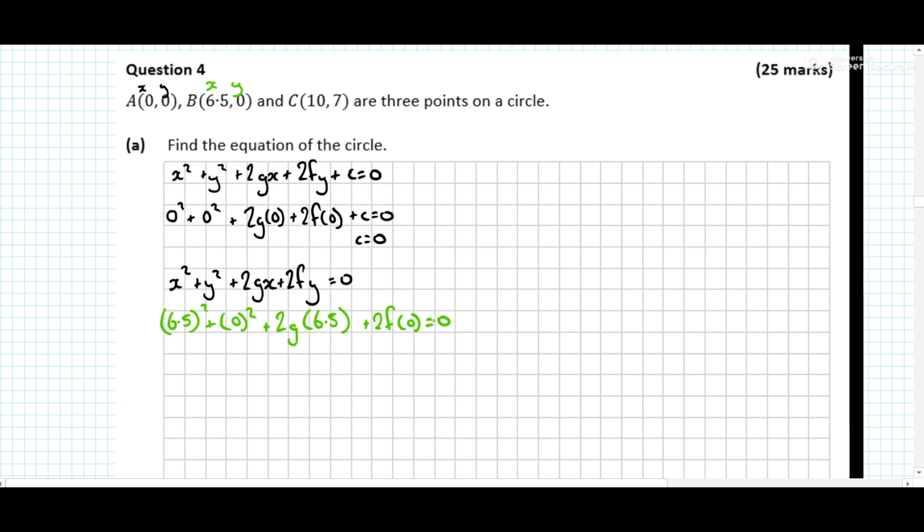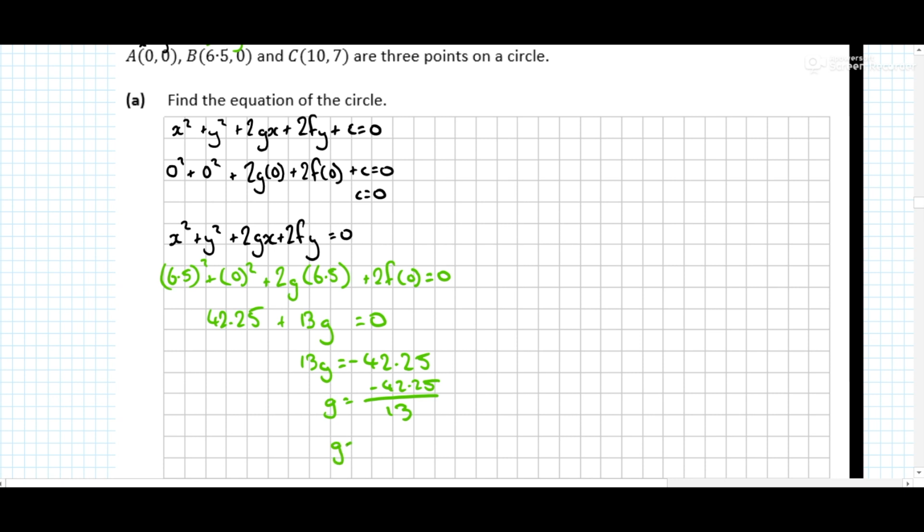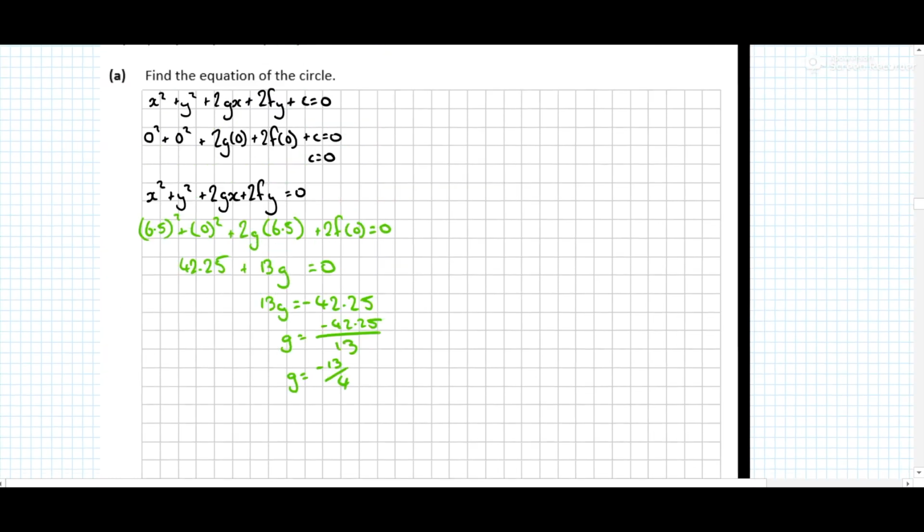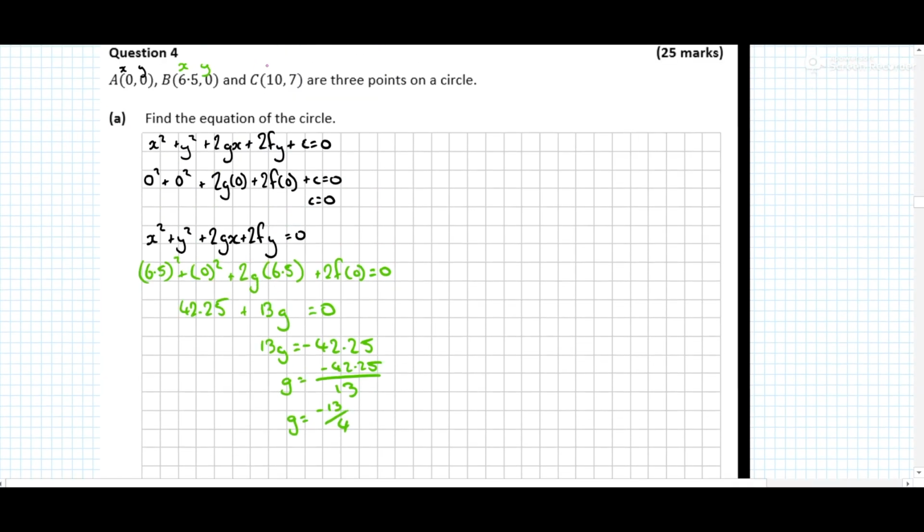I can find 6.5 squared, which is equal to 42.25. 0 squared 0 plus 13g is equal to 0. 13g is equal to minus 42.25. And then g is equal to minus 42.25 over 13. And you get g is minus 13 over 4.